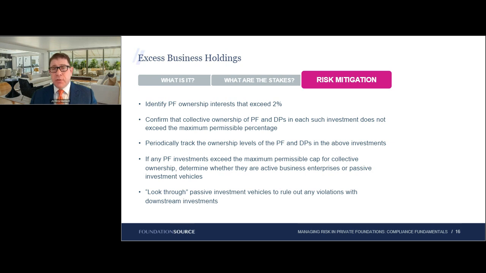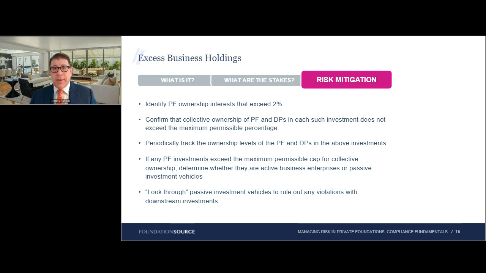If the foundation owns more than a 2% interest in an active business, what you need to do is aggregate the foundation's and a disqualified person's collective holdings to see if their pooled interest exceeds the permissible cap, which again, I said is usually 20%.